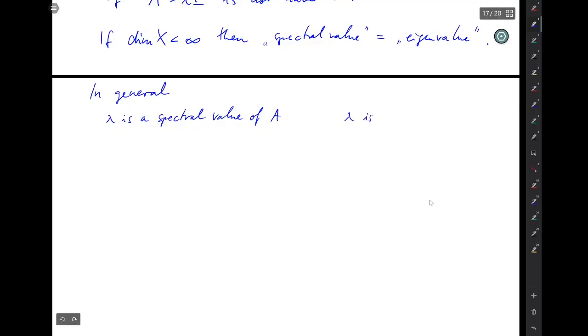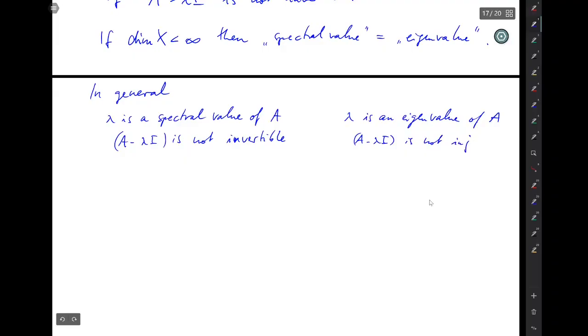Lambda is an eigenvalue of A. So in the first situation, we just learned that A minus lambda I is not invertible, whereas in the second situation, A minus lambda I is not injective.